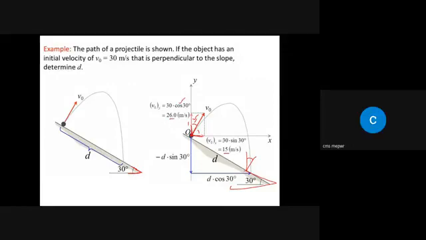Okay, now imagine this one is making a right angle triangle. ठीक है? So if this is 30, this can be d cos of 30 and this can be d sine of 30 if this distance is d, right?